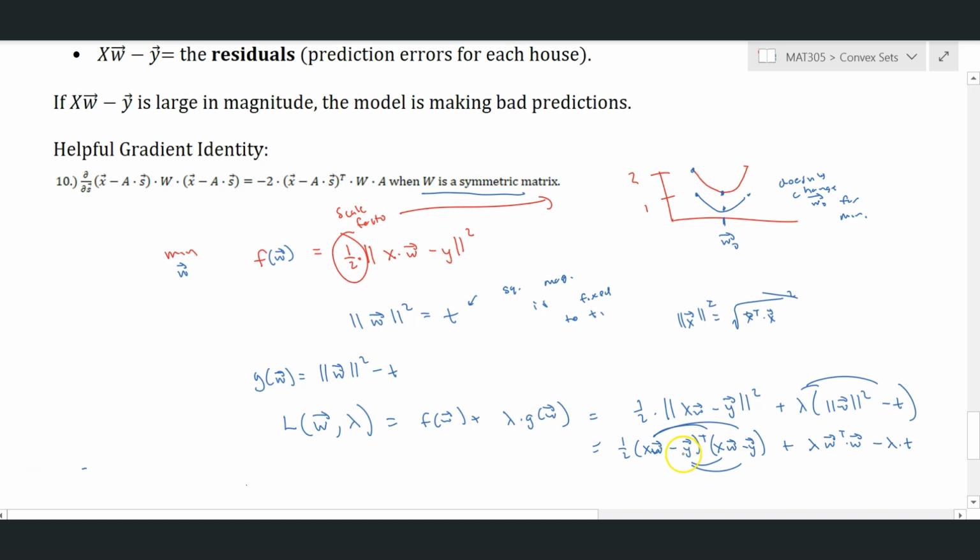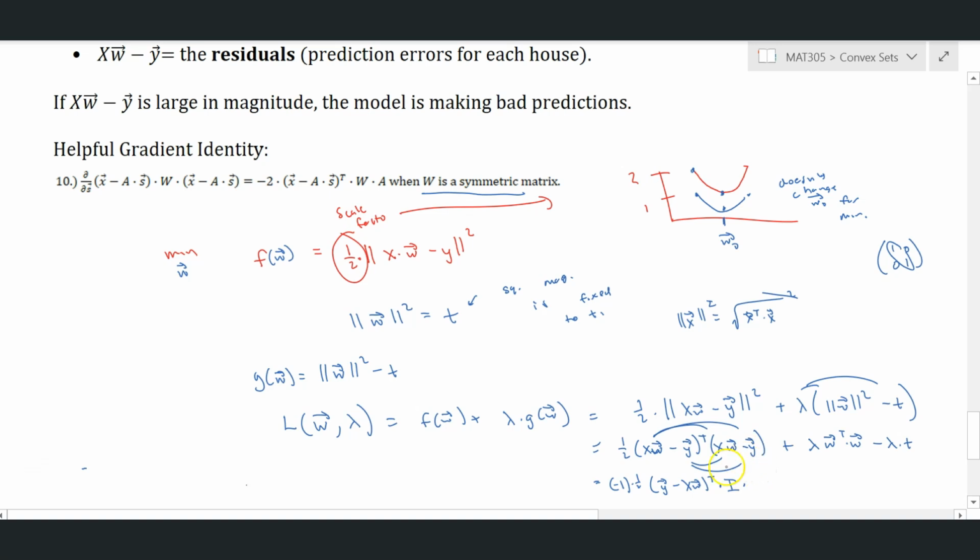Because our expression is not quite the same. But Xw minus y is the same thing as the negative of y minus Xw. So if I pull out a -1 times 1/2, and I write this as y minus Xw transpose, and then put an identity matrix here in the center, identity is always symmetric, right? It means if you take the diagonal, and look above and below it, you always have the same entries.